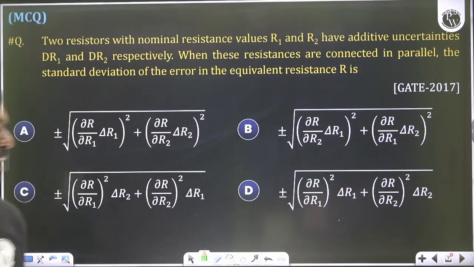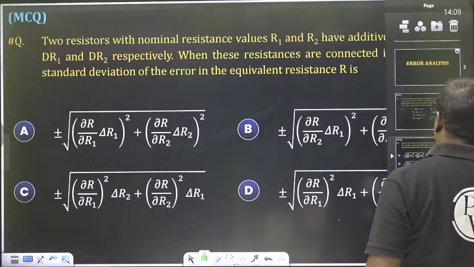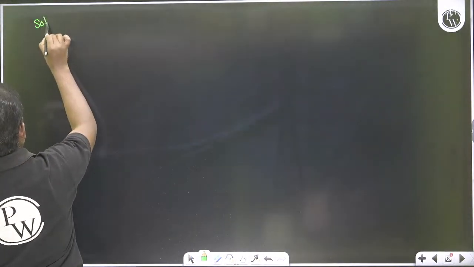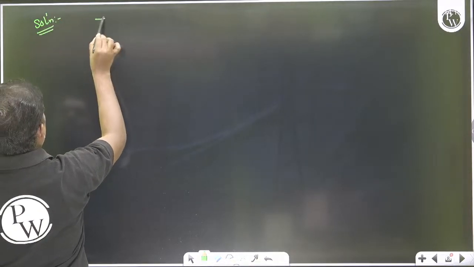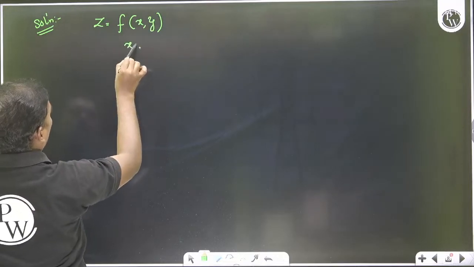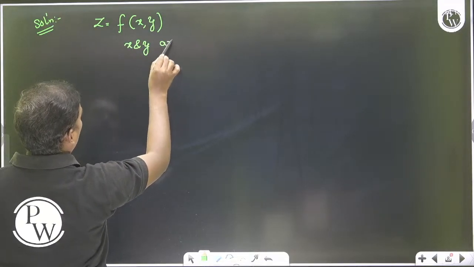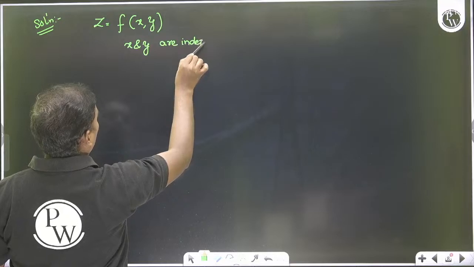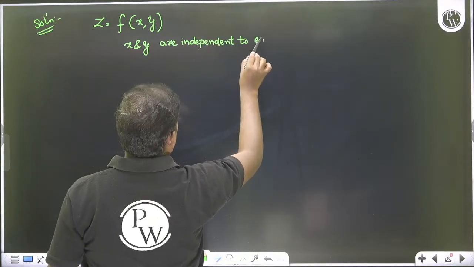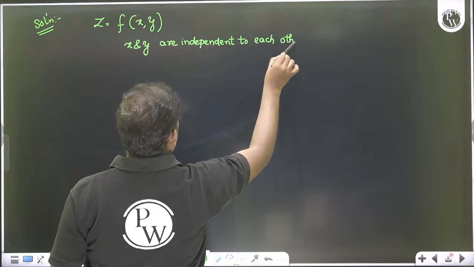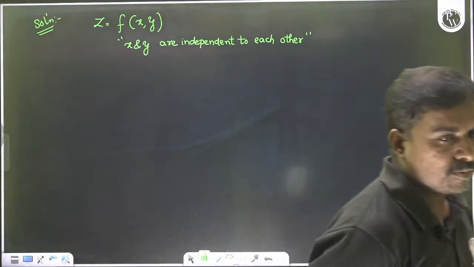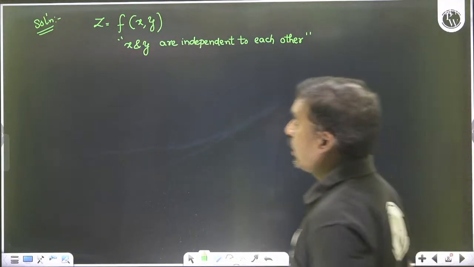So this question is related to uncertainty. Suppose, explanation, solution. If z is a function of two variables x and y, and x and y are independent of each other, that is the most important.